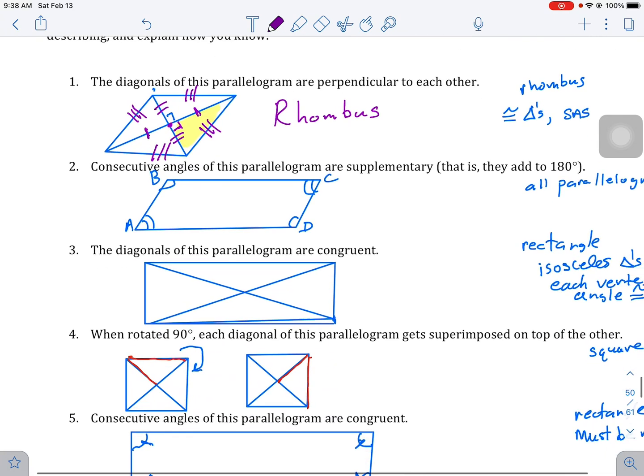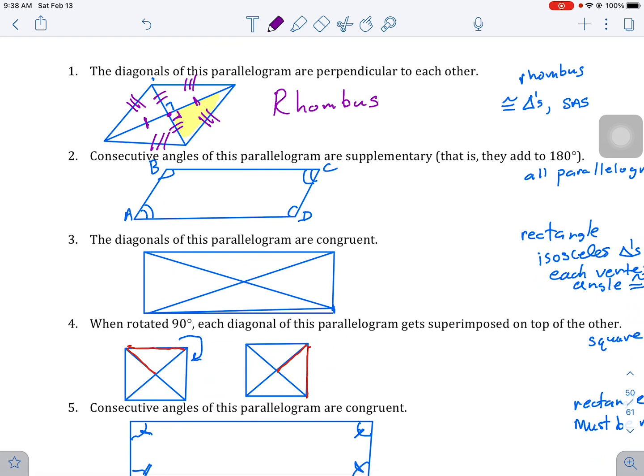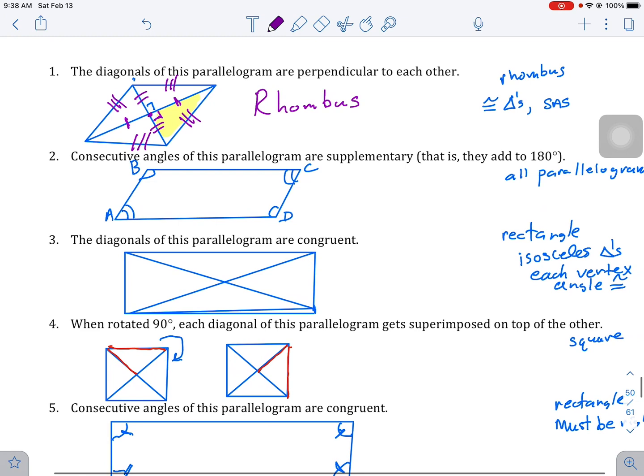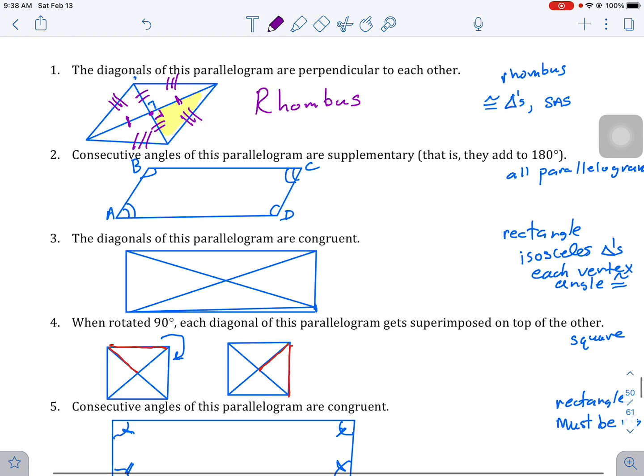All right. The next one is consecutive angles are supplementary, that they add up to 180, right? If you look at a pair of consecutive angles, the fact that they add up to 180 means that these sides must be parallel because there's 180 degrees between those.